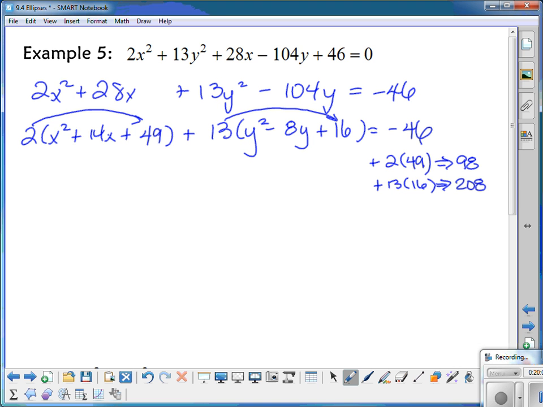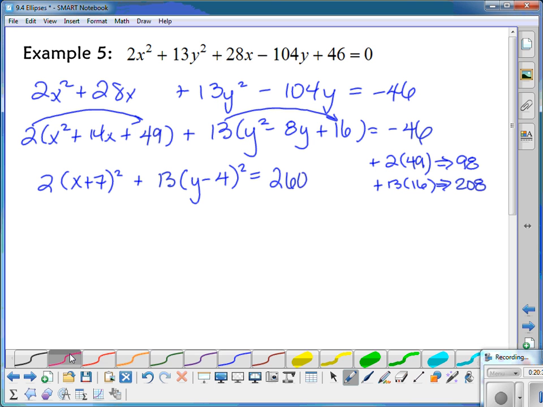So now if I write it in factored form, I have 2 times the quantity x plus 7 squared plus 13 times the quantity y minus 4 squared. And when I add negative 46, 98, and 208, I end up with 260. And I'm almost there, but what does it need to be on the right side? Oh, 1. So I'm going to divide everything by 260.